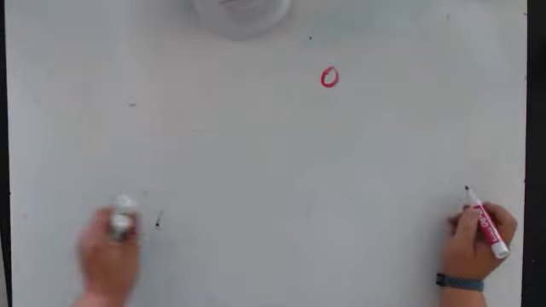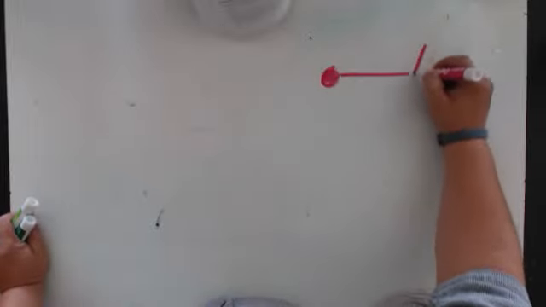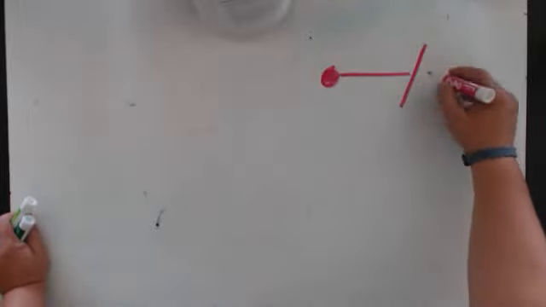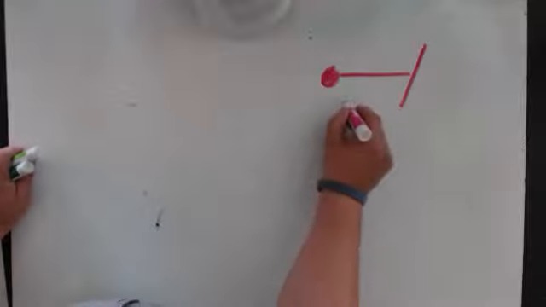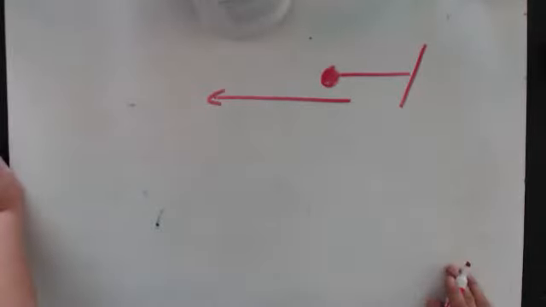So what I'm going to do, I'm going to use a couple of different colors here. So I have a ball attached to a rubber band with a paddle on it. Here's my little paddle. So the ball is now moving away from the paddle with a velocity of, what did we say, 4.0?